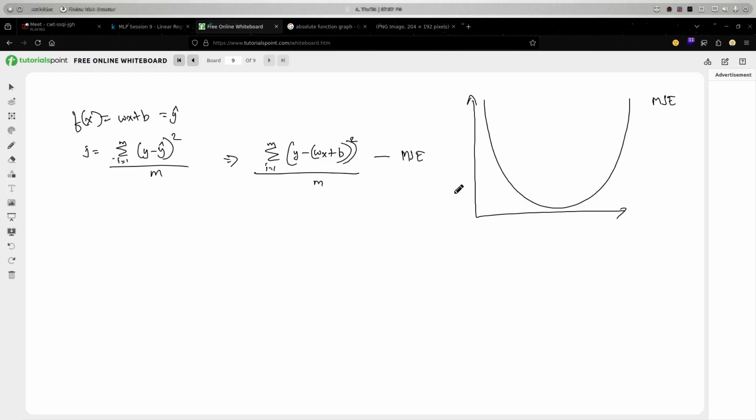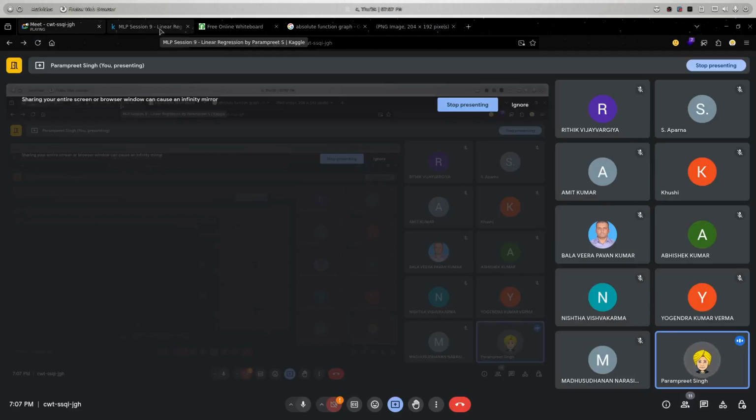And how do we use it for fitting the model, for finding the best fit of the model?